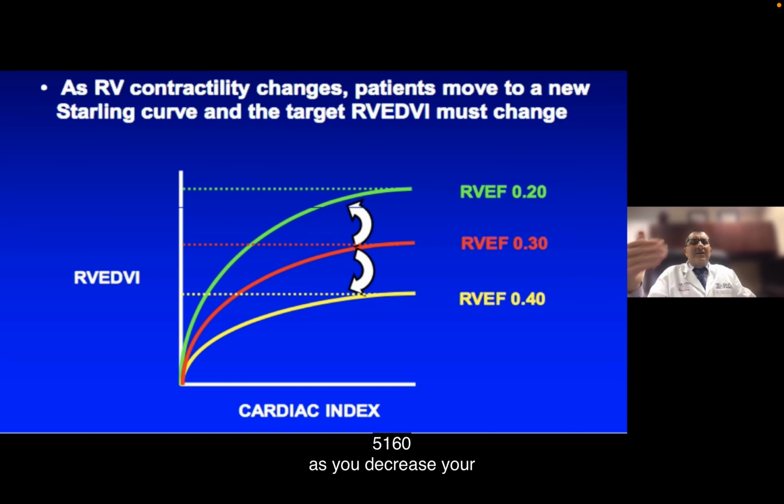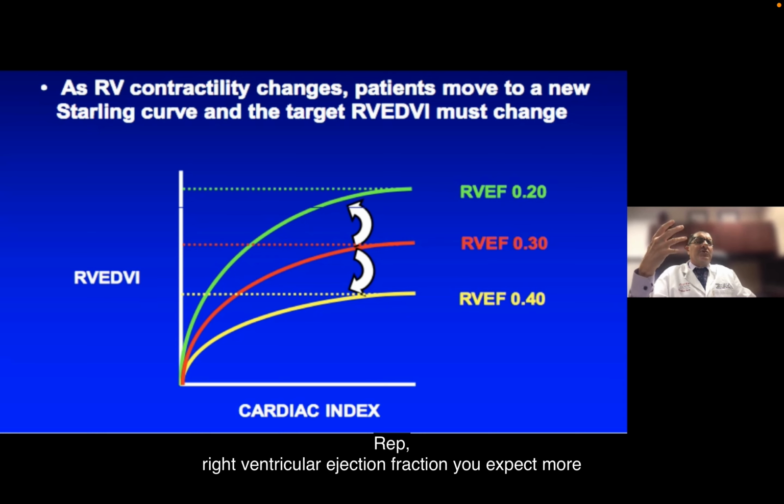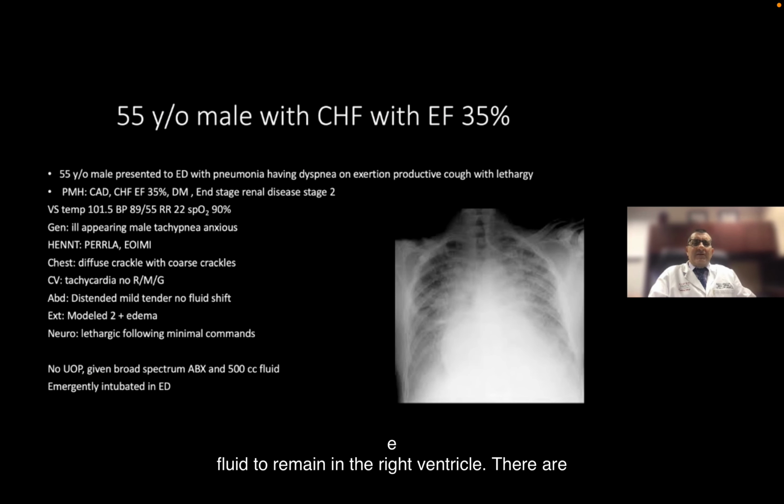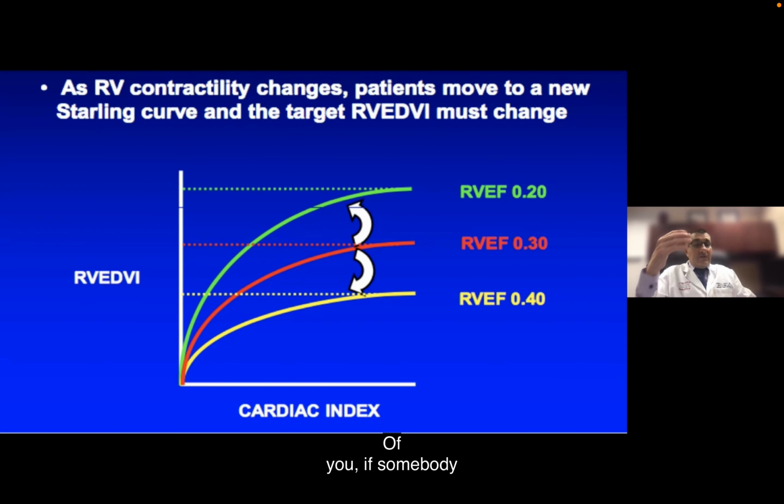As you decrease your right ventricular ejection fraction, you expect more fluid to remain in the right ventricle. There are diagrams like we talked about: if somebody has 250 and I start diuresing them, I should improve my RVEF.